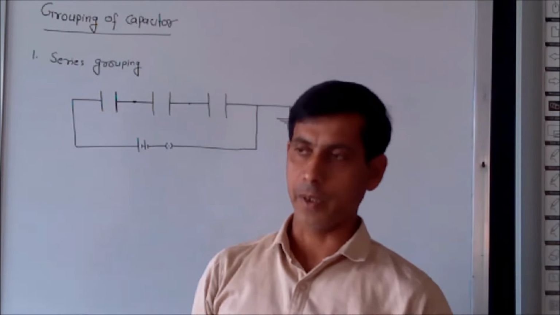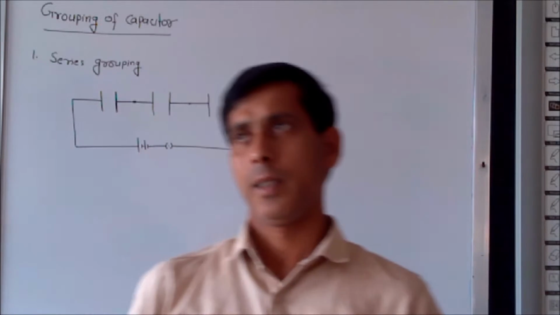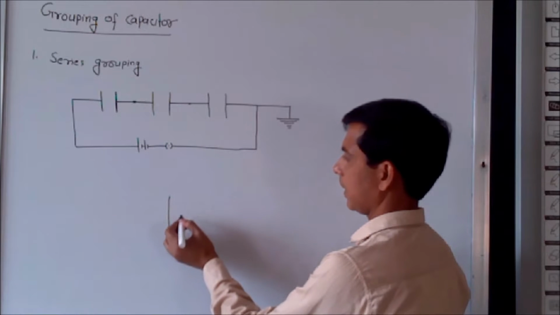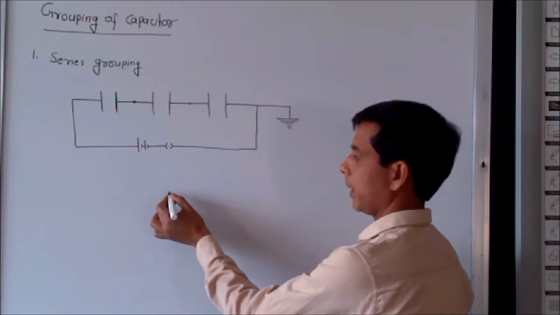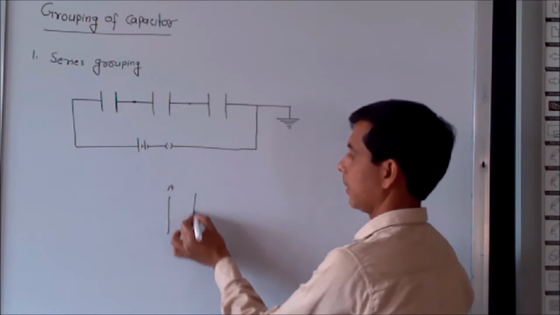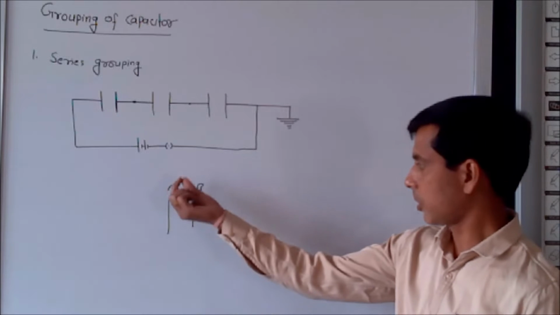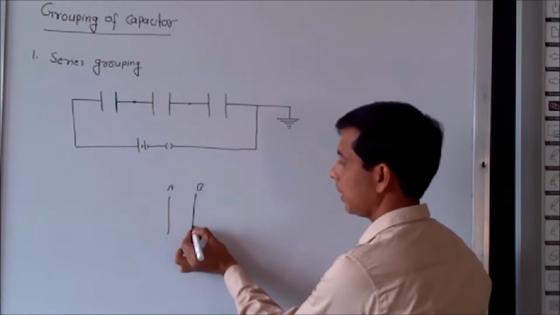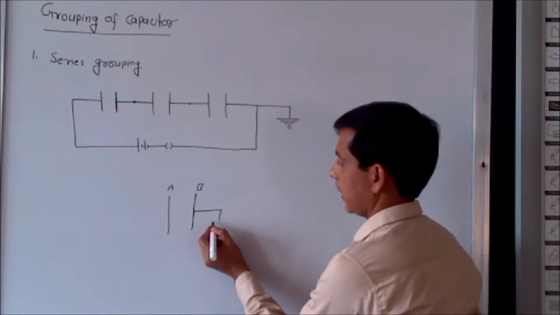In the previous topic we learned the principle of capacitor. In a capacitor we have two plates A and B, in which plate A is a charged and insulated plate, but plate B is an uncharged earthed plate.